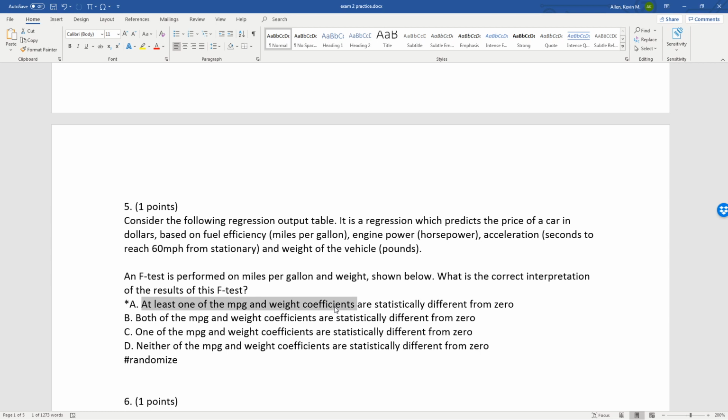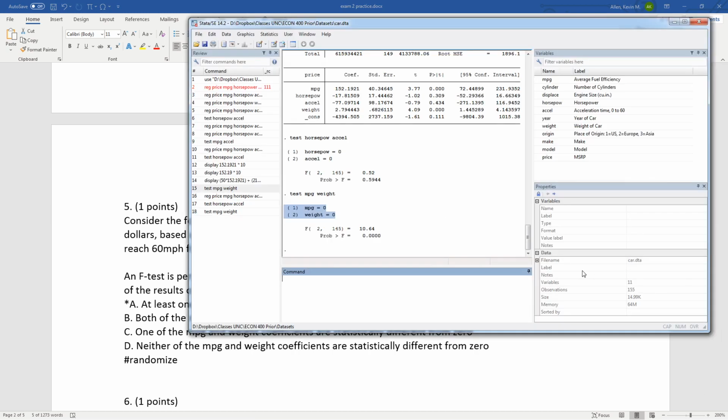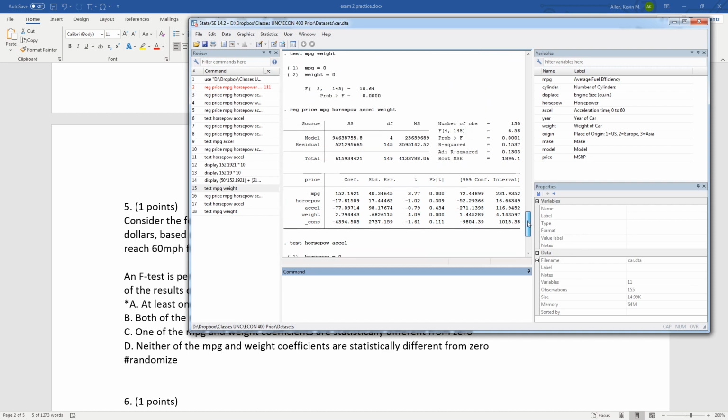So, just based on an F-test, all you can say is that one of miles per gallon or weight is statistically significant. You would need to look at other information in order to figure out which one is statistically significant, if there's a difference. In this case, they're both highly statistically significant individually, so there's no real mystery here.